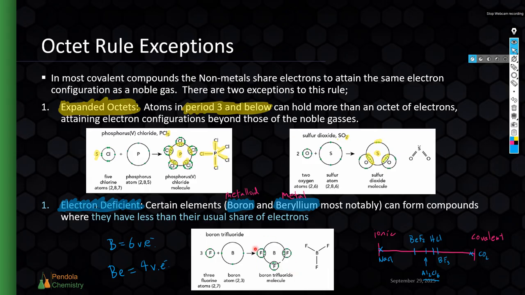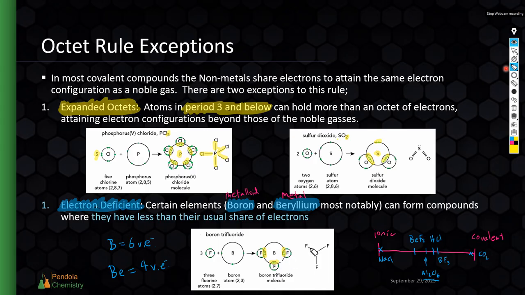So when boron bonds with fluorines, each fluorine needs 1 extra electron to have an octet. So the boron forms 1 single bond to each fluorine, and that leaves the fluorines happy with the octet, but notice how the boron has 2, 4, 6 valence electrons.